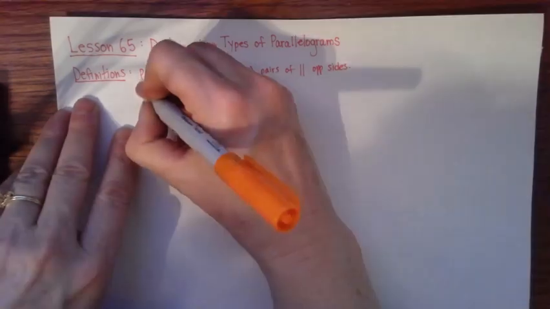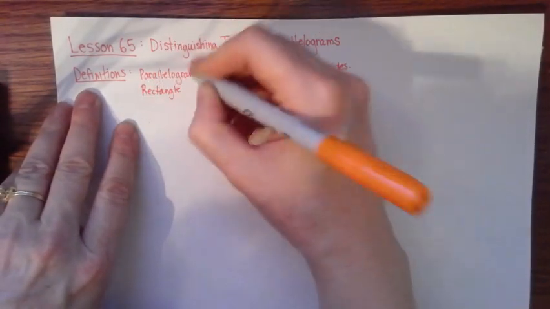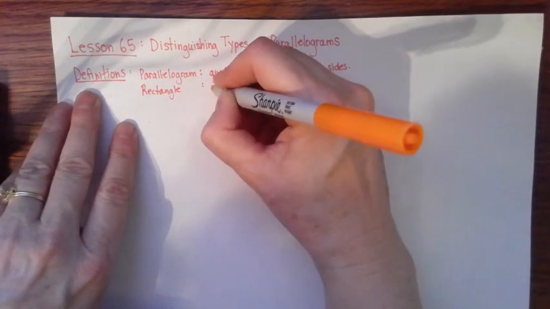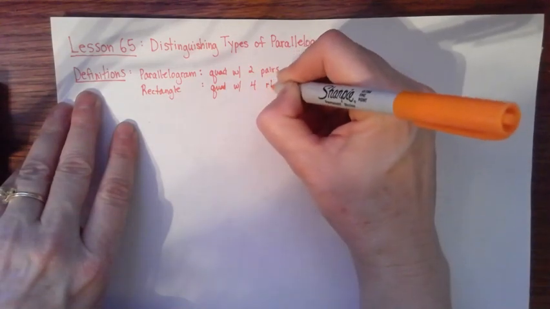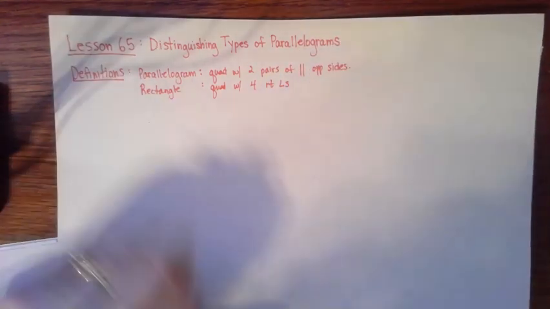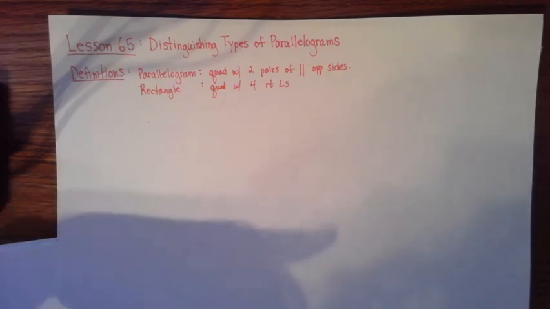Okay, and then we have a rectangle. The definition of a rectangle is just a quadrilateral with 4 right angles. It happens to have properties we know some of, but that's not part of the definition. Just the right angles are the only part of the definition.